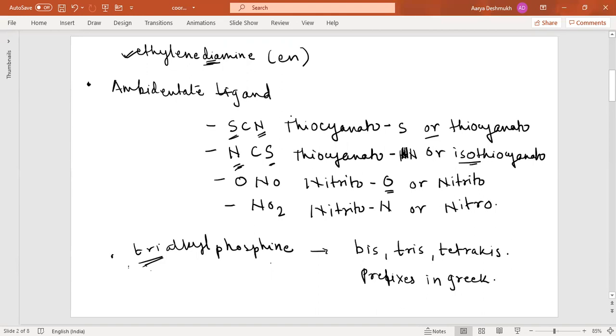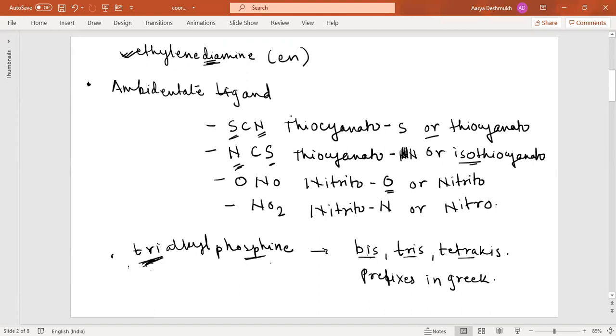So where this is applicable, these words bis, tris, tetrakis are used in the case of such ligands where the name itself already has a word like di, tri or tetra present. This is just to avoid the confusion. The word bis, if there are two trialkyl phosphine molecules attached to any metal atom, you can write bis trialkyl phosphine.